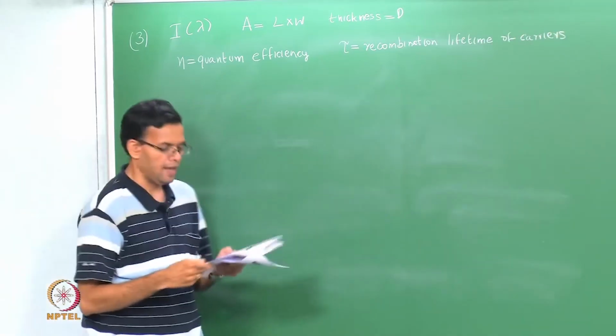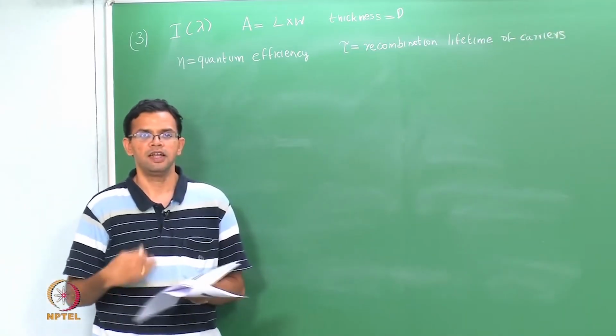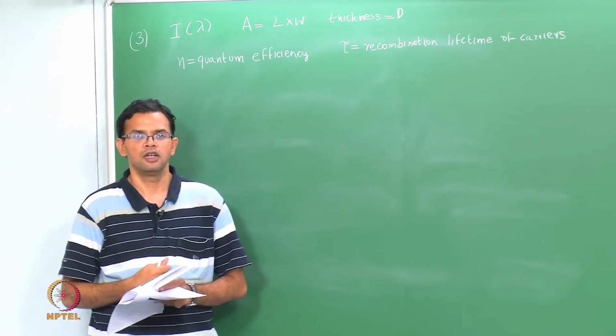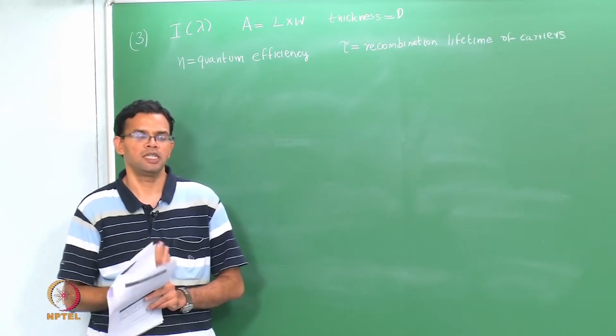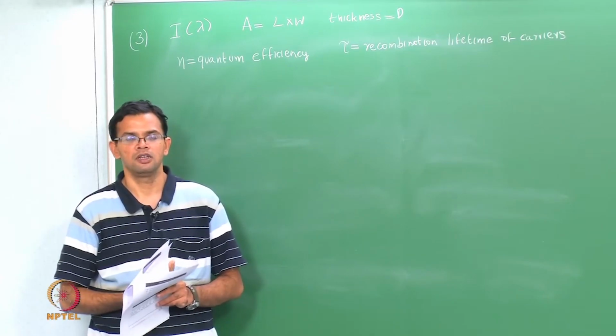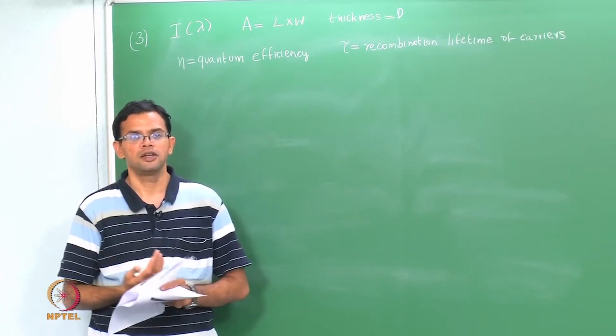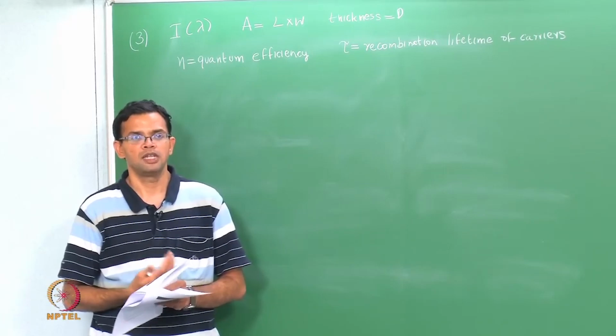When we shine light on a material, we generate excess electrons and holes. These electrons and holes can take part in conduction, so that there is a change in conductivity when we expose light.